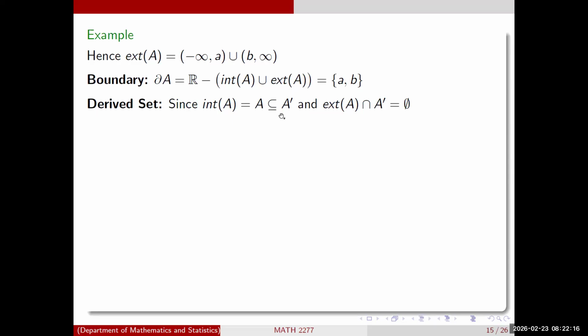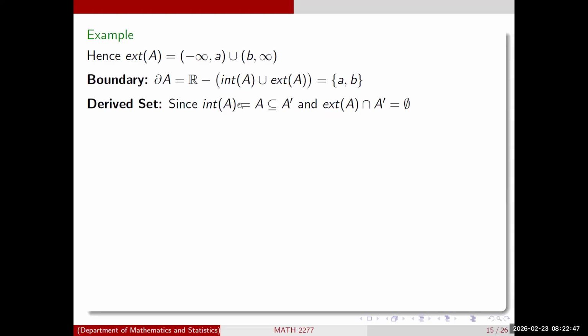The question is, where else could these limit points be hiding? Could the limit points be hiding in the exterior? The second result is saying no. The limit points cannot be in the exterior. So all the interior points are limit points. No exterior points are limit points. So what other set is left? The interior, the exterior. The only other set is the boundary.